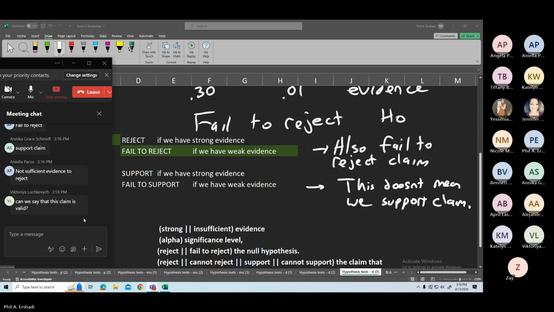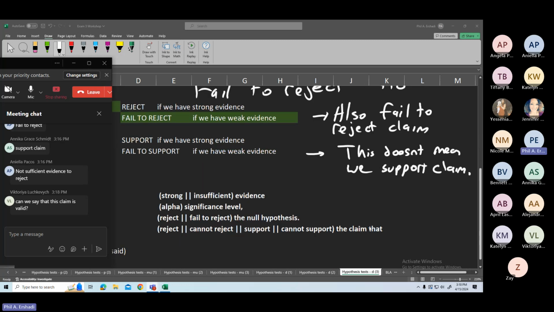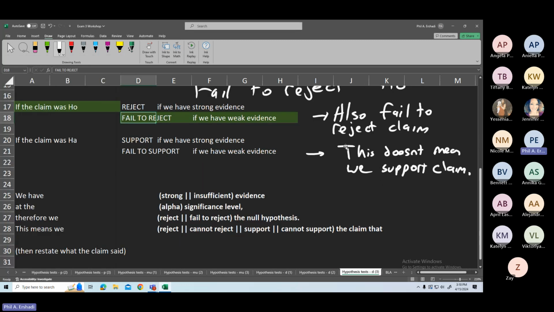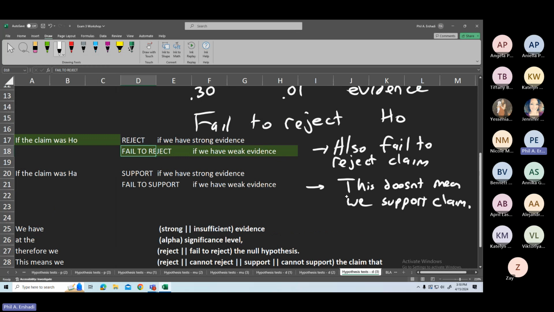No. All we've done is say that we can't cross it out. Okay? So we can't say it's wrong, but that doesn't mean we say it's right either. It just means we don't have enough evidence to cross it out. So I want to say that just because we've failed to reject it is not the same thing as validating it.